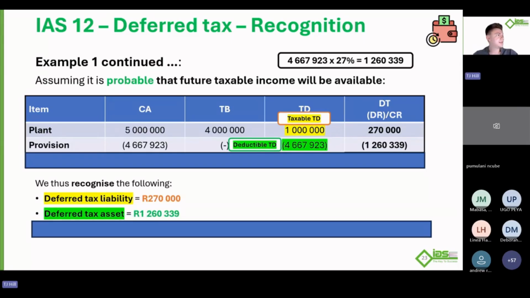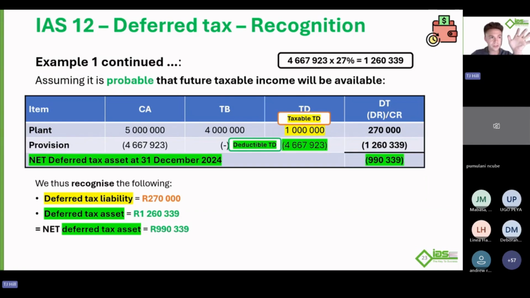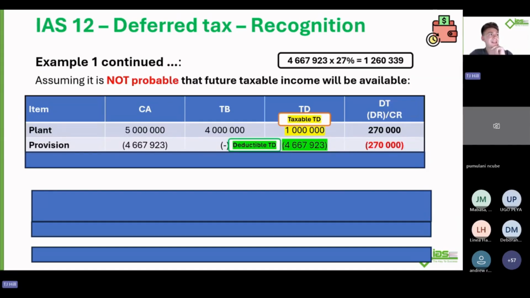okay, my little slides are moving. We looked at this on the previous one. This would have been your scenario. You'd recognize all of it if it is probable. What if it's not? What would it look like? Okay, all of that's still the same. But now I must limit it to my taxable temporary differences.